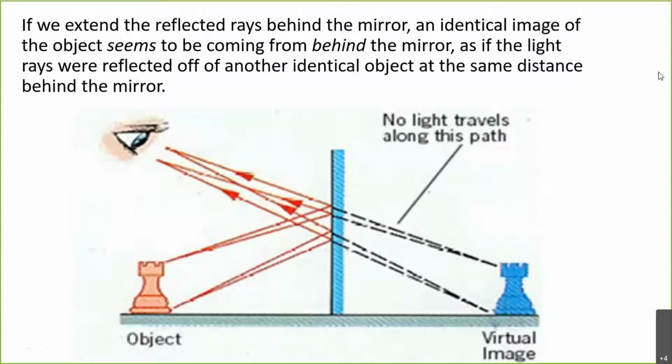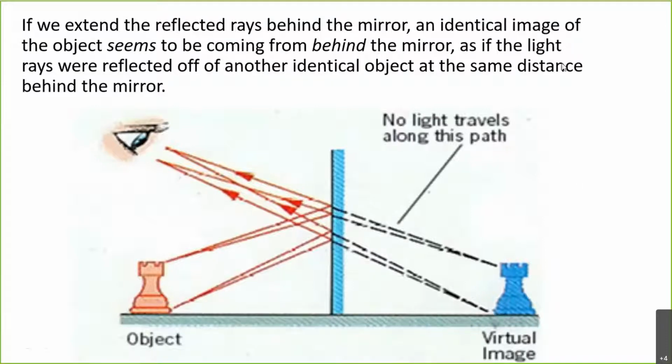So it's just a matter of perspective. And because of that, we interpret the image as coming from behind the mirror, and we find that the image is actually formed the exact same distance behind the mirror as the object is in front of the mirror.